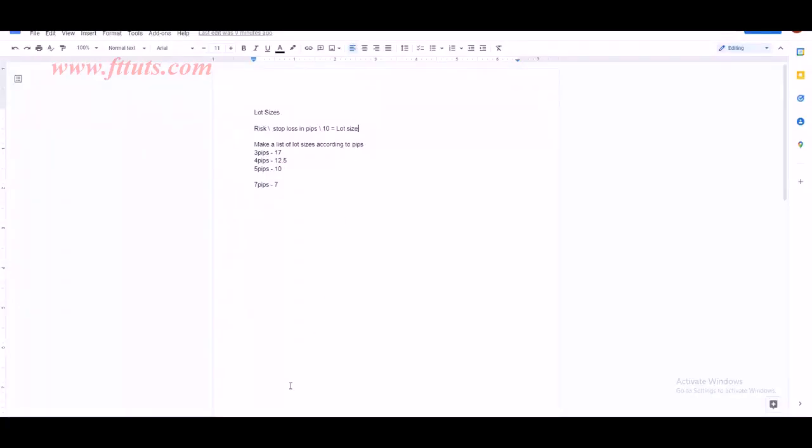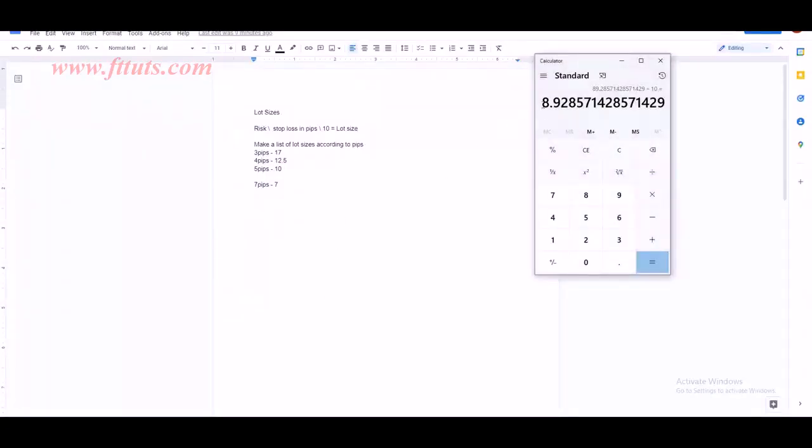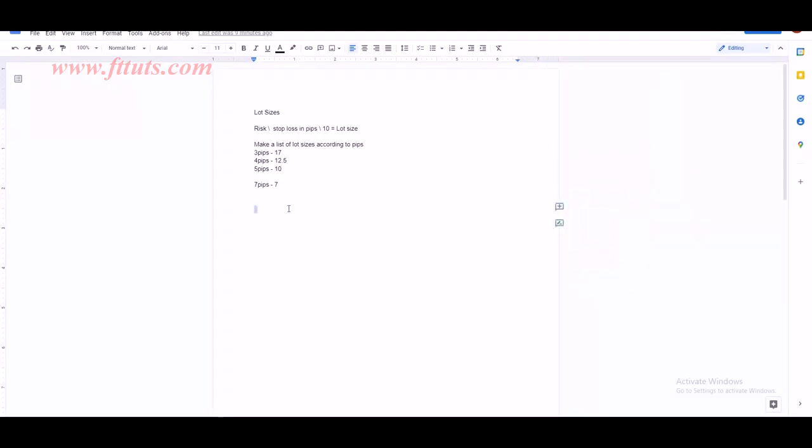So to have to go and calculate this out every single time, first of all, there's no way we're going to do that. But even to go over here and say, okay, so 5.6 pips is going to be 8.9 lots is a little bit ridiculous.